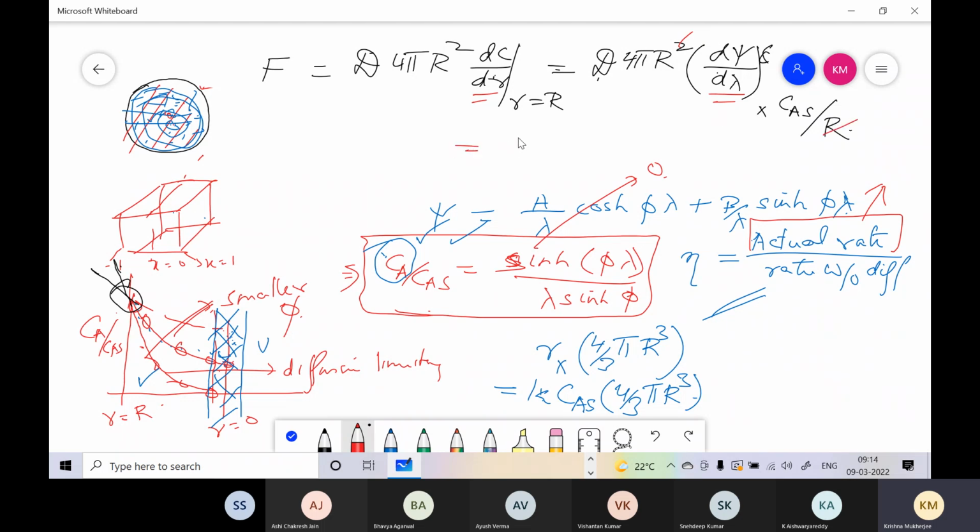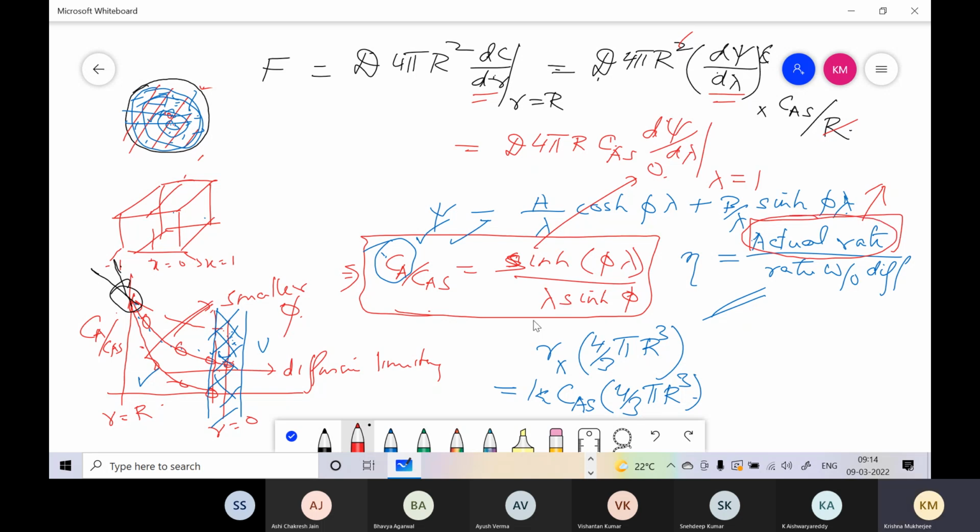So we get this equal to d 4 pi R CAS d phi by d lambda at lambda equal to 1, which is also the actual reaction rate. You follow this argument?